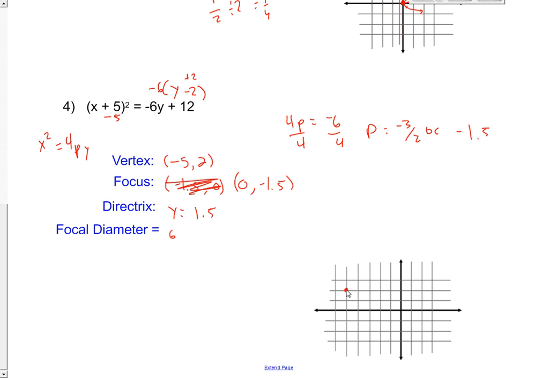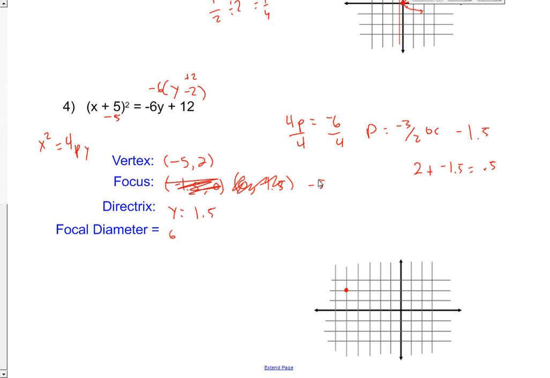My focus is going down 1.5 units. Oh, you know what? This is not 0, negative 1.5. It's negative 5. And then I have to add negative 1.5 to my k value. So 2 plus the negative 1.5 is going to be positive 0.5.